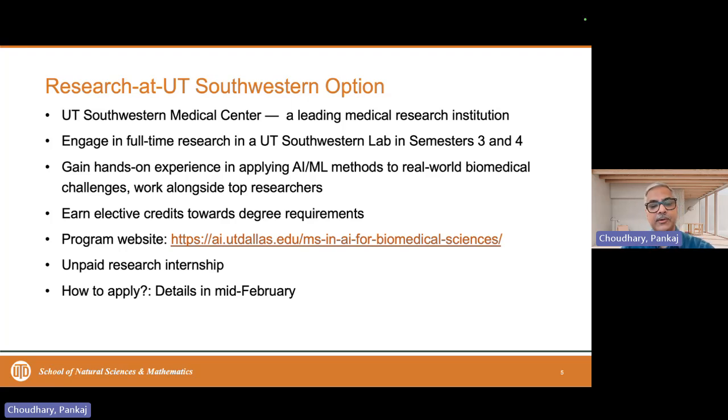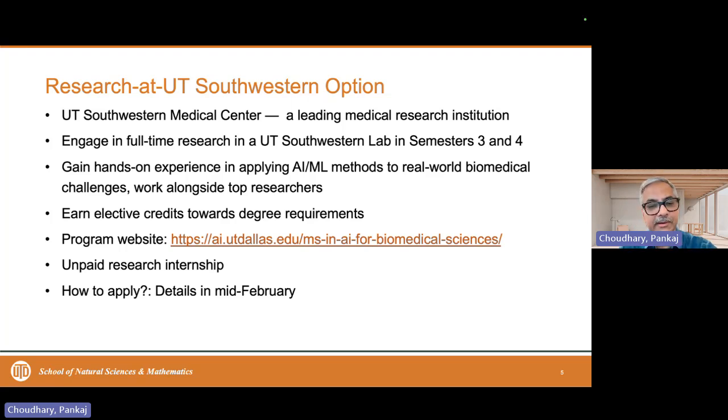I should have said earlier that this is a very serious effort on behalf of the 2 institutions. We have been working on this for 1.5 years now to make this a reality. And the MOU between UTD and UT Southwestern was signed just maybe 10 days ago.